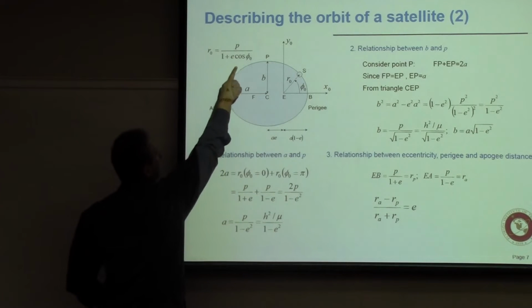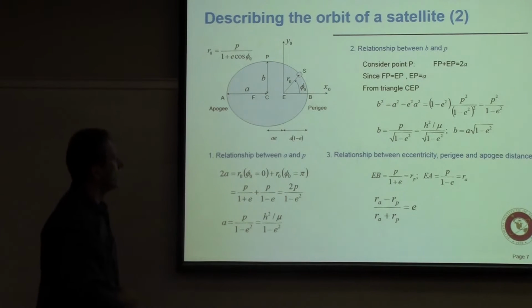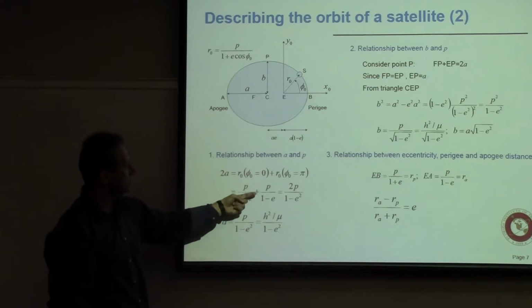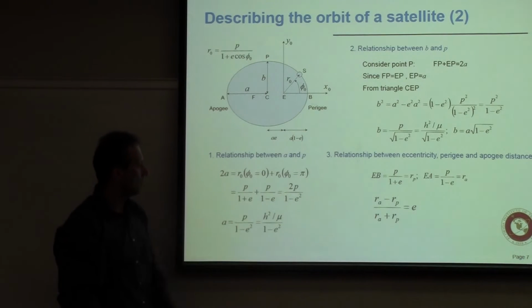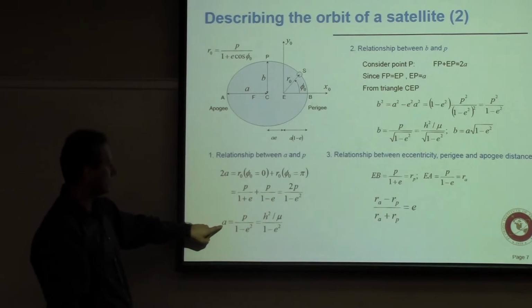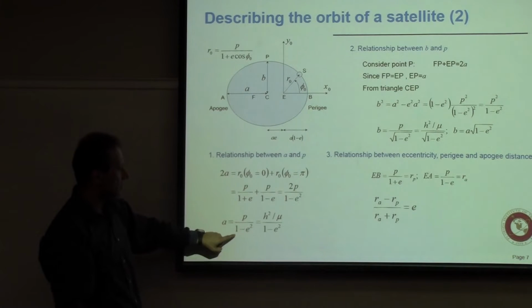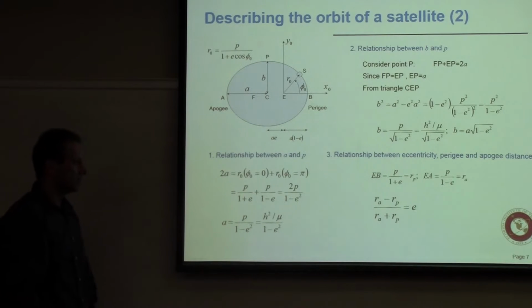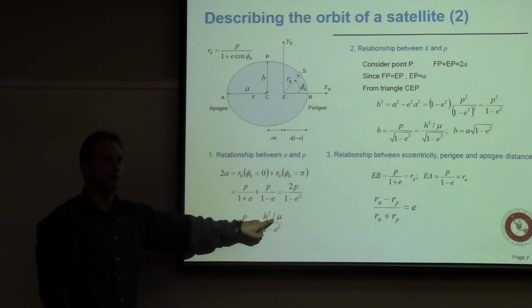If you substitute 0 and pi into the first equation, then you get that this is P over 1 plus e, plus P over 1 minus e, or 2P over 1 minus e squared. So from here, you can get that the semi-major axis can be expressed as P over 1 minus e squared, or h squared over mu times 1 minus e squared. P is equal to h squared over mu, right?